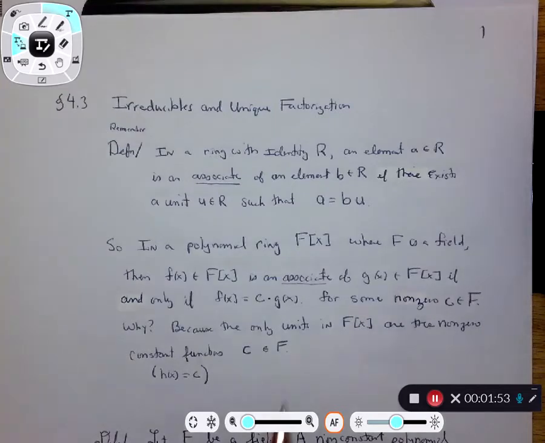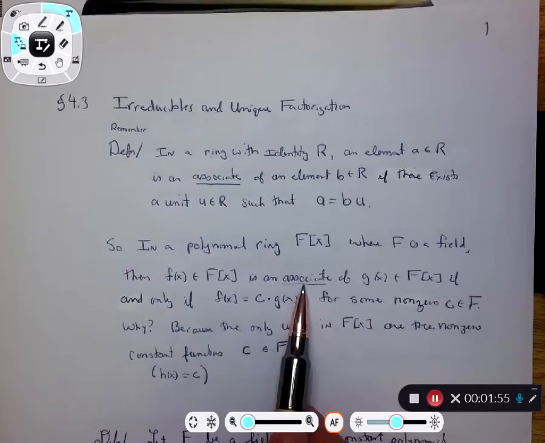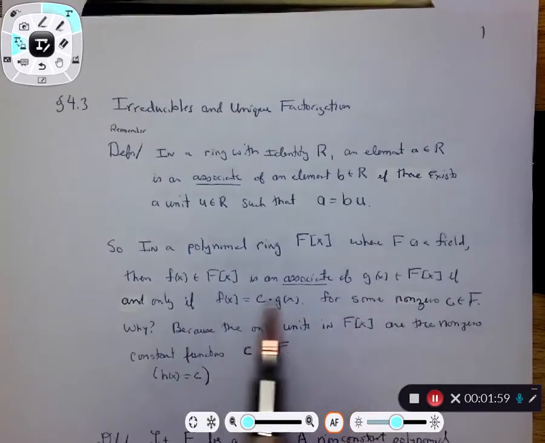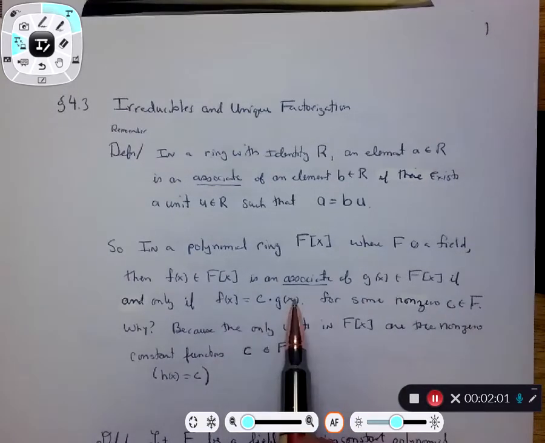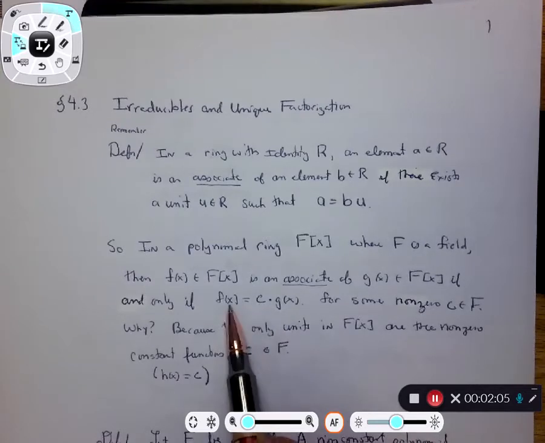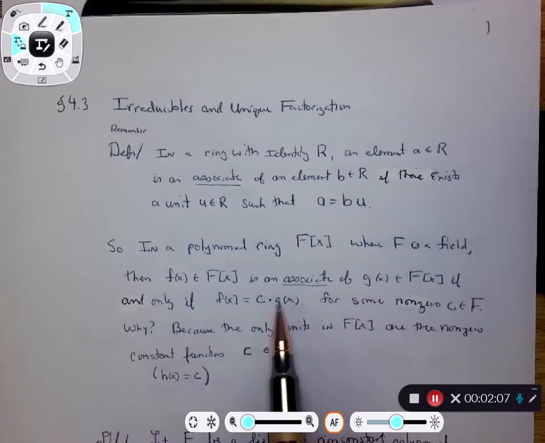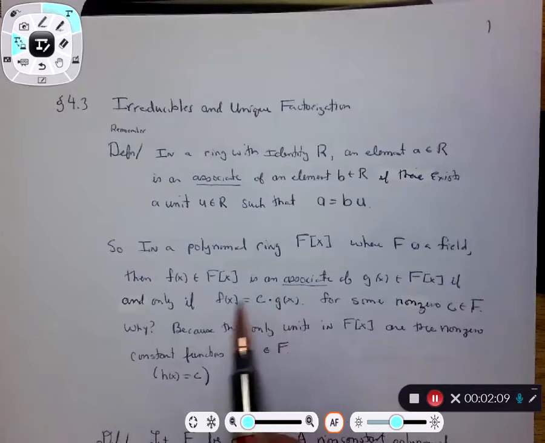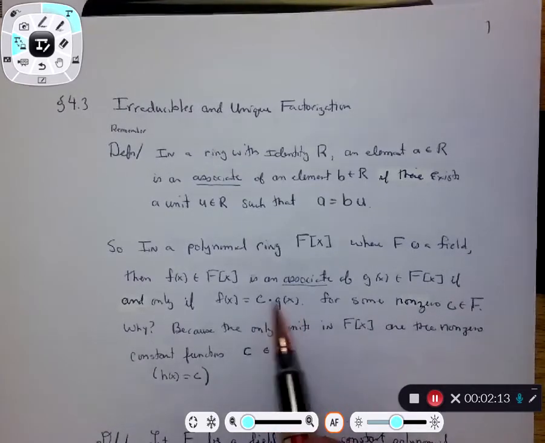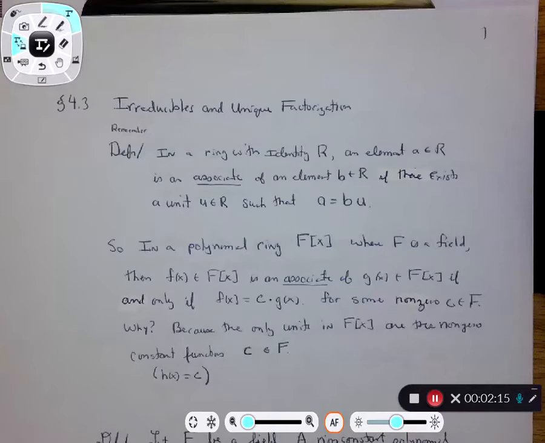So two polynomials are associates if they're pretty much equal to each other with a constant being pulled out front. So f of x is equal to a constant times g of x. The only difference between the two is this idea of multiplying by a constant. We're going to call these associates.